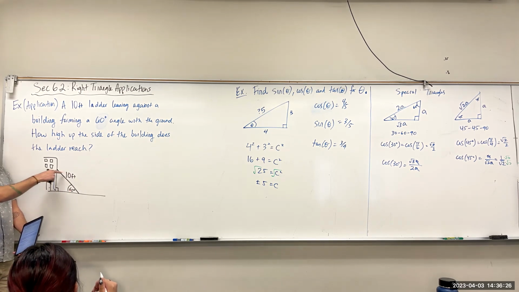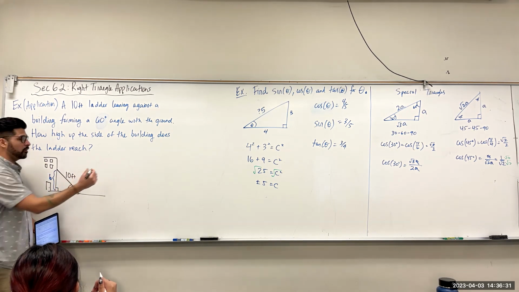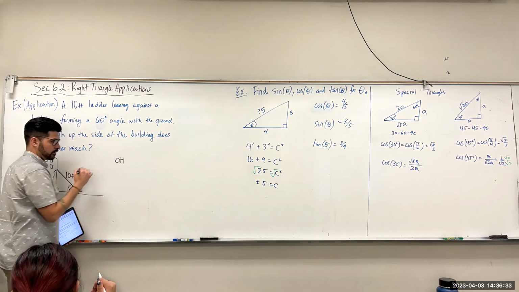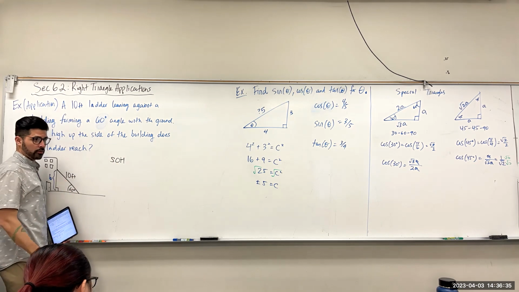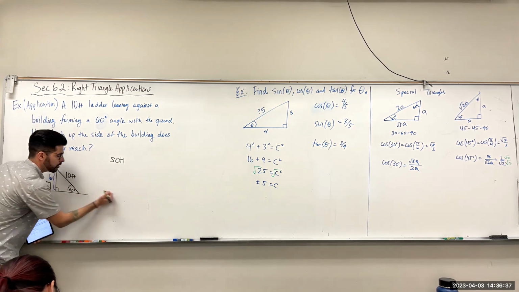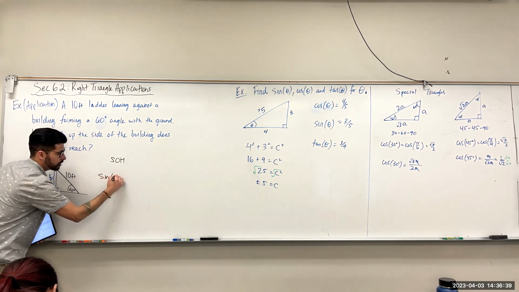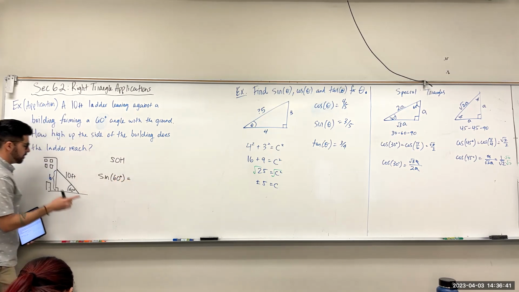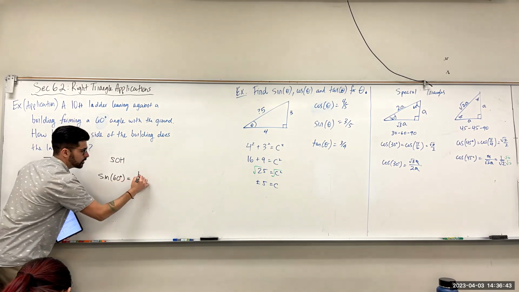Opposite over hypotenuse, so sine. The sine of 60 degrees is going to be B over 10.